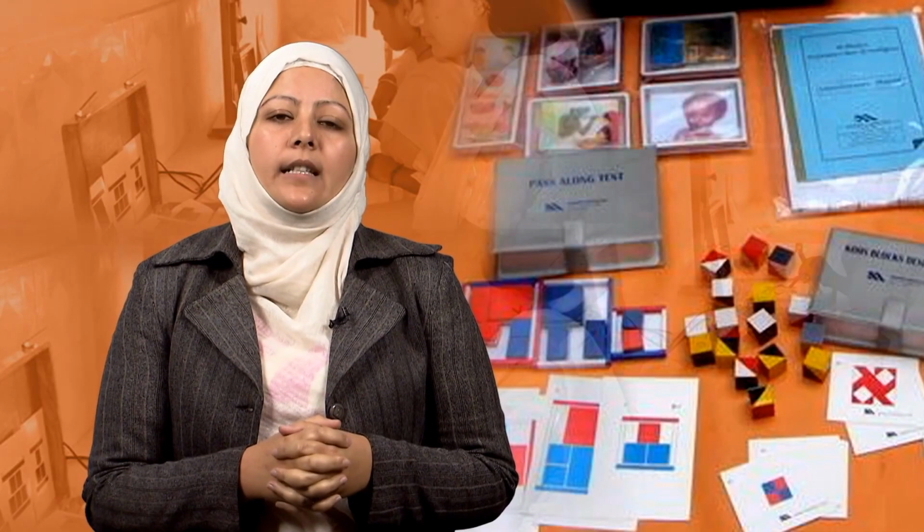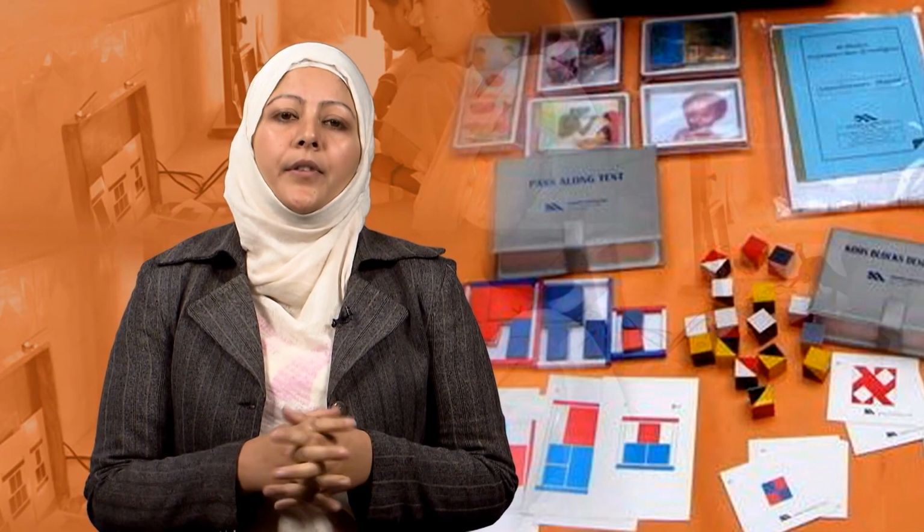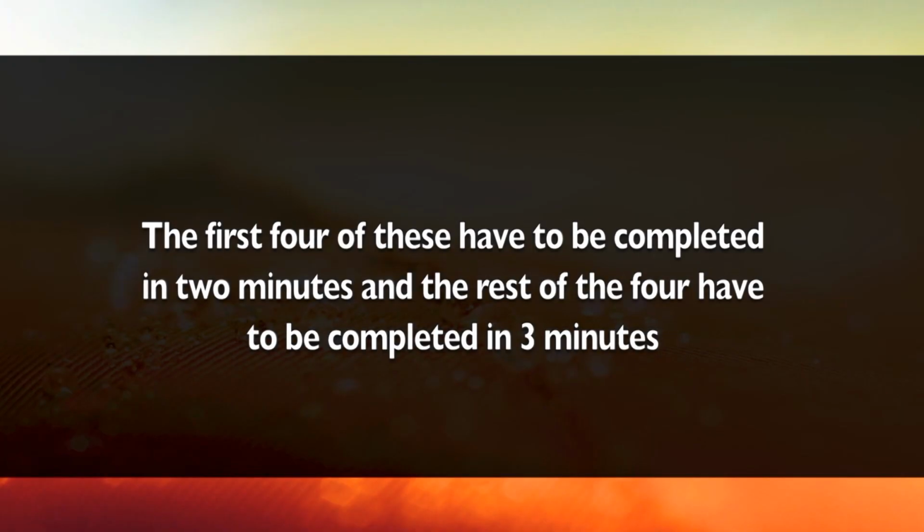Individual performance is evaluated in terms of success in the task and the time taken. The first 4 of these have to be completed in 2 minutes and the rest of the 4 have to be completed in 3 minutes.